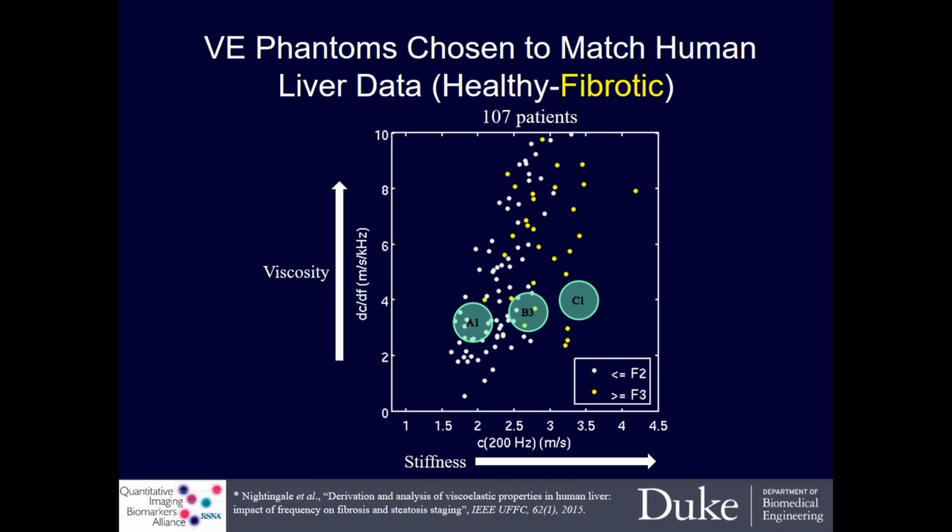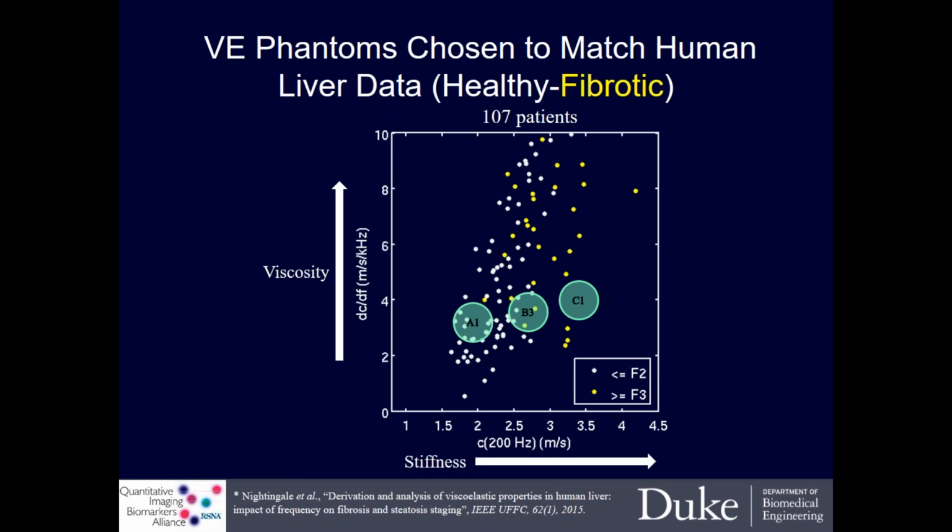What we did for the phase 2 study was we created 3 new tissue mimicking phantoms, A, B, and C, as shown in this plot, that had different degrees of stiffness and viscosity. And we deemed them to be tissue-like by comparing them with some published data that we had looking at healthy and fibrotic patients in the NAFLD population. So these are fatty liver disease patients.